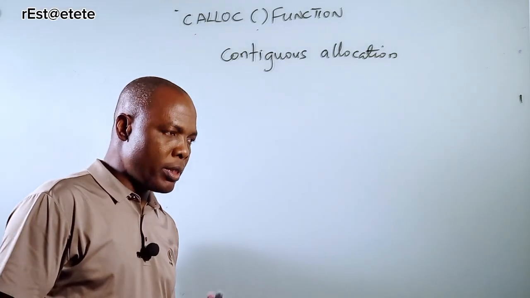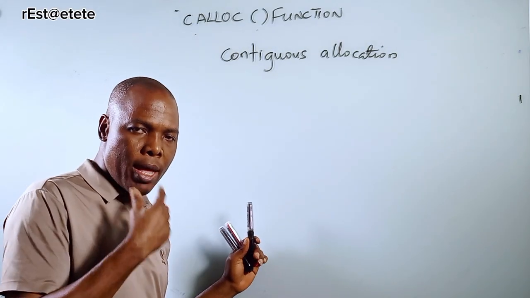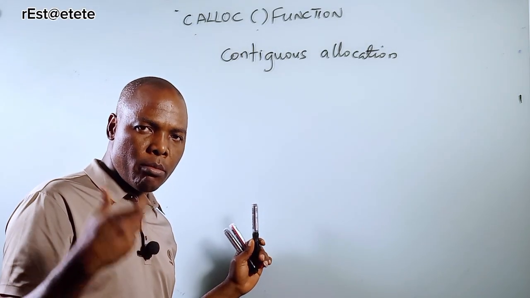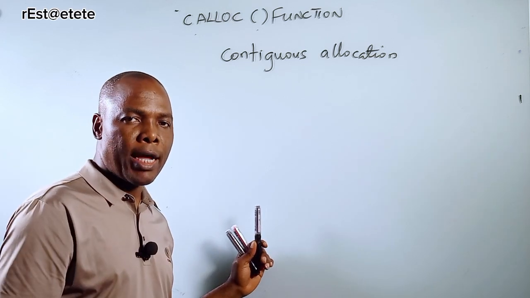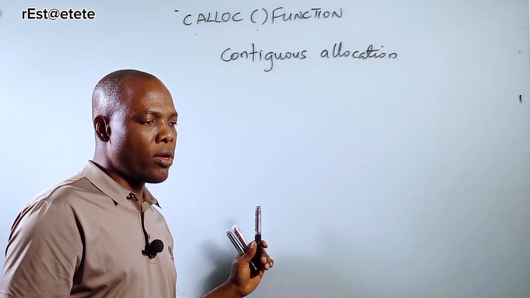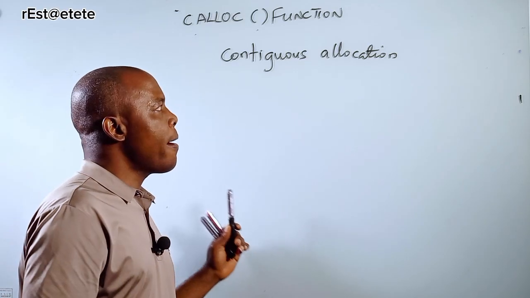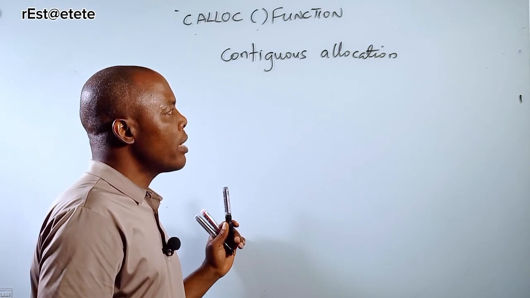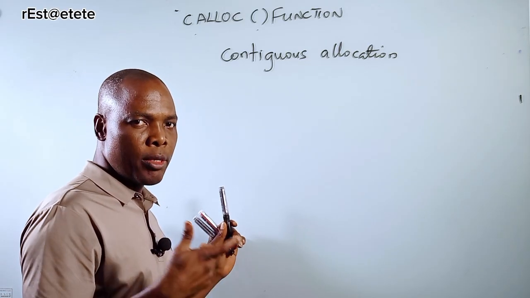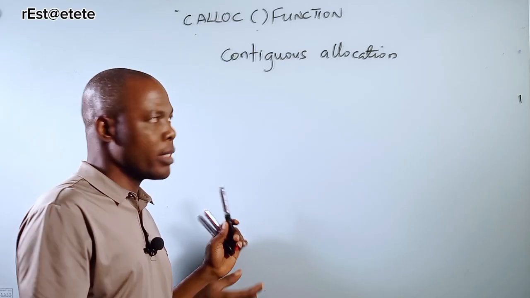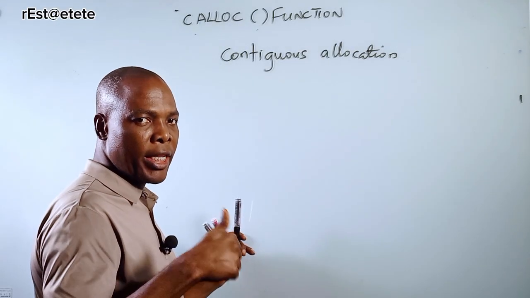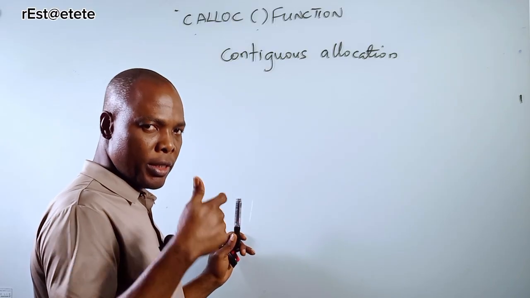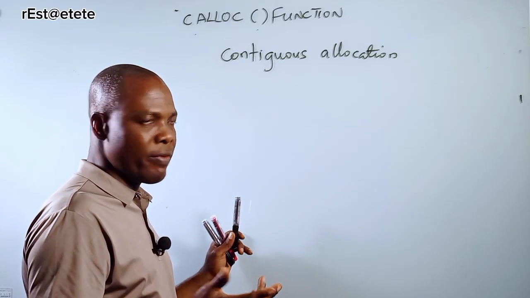If you want to dynamically allocate memory for arrays, it is better to use calloc because calloc will give you a well-structured and pure state from the very beginning, right? It allocates memory and initializes the values with 0 and not garbage values.